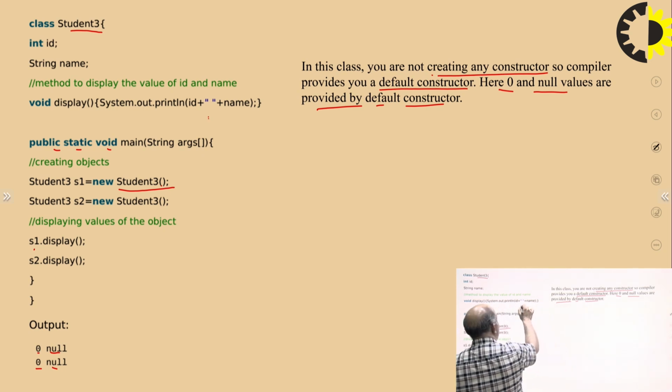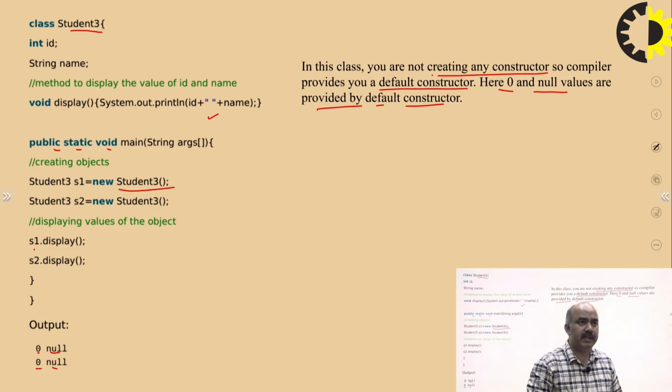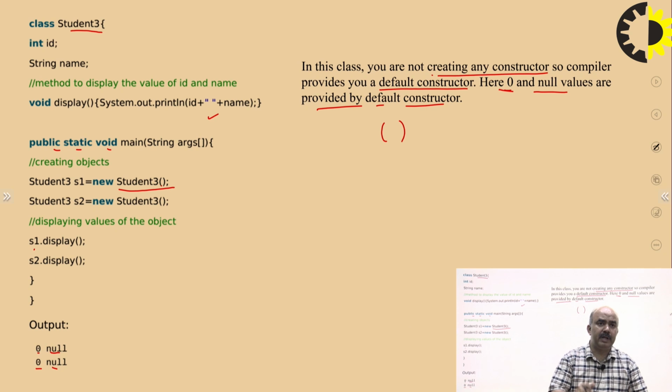So what does the Java compiler do by default? It provides the default constructor. This constructor is defined and the values are provided by the Java compiler, created without any arguments.